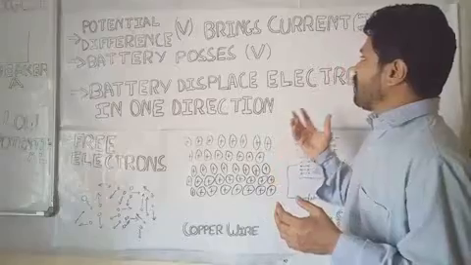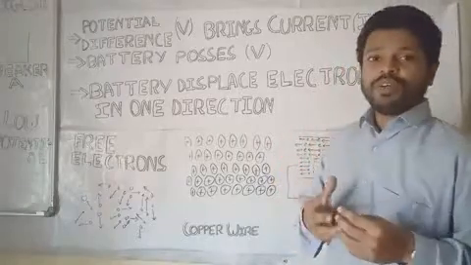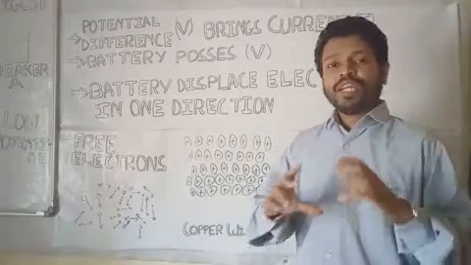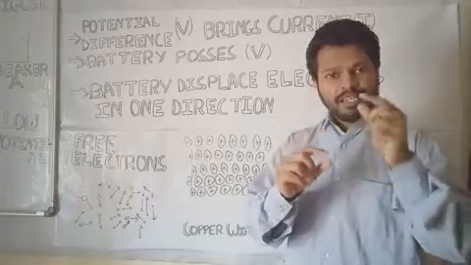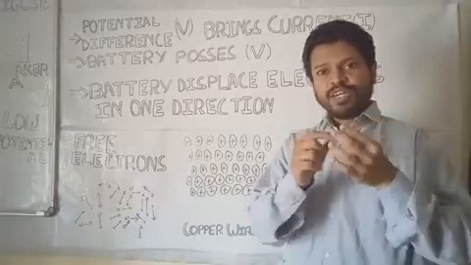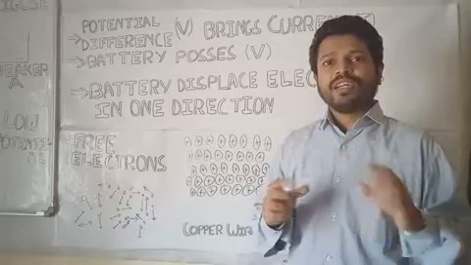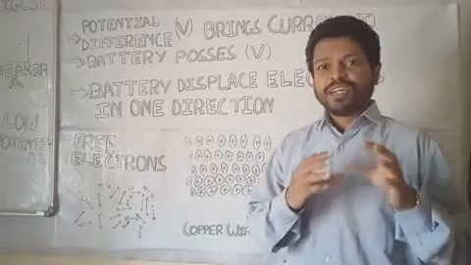The battery displaces the electron in one particular direction. If you take one battery, a pencil cell, it is clearly written on the downside that there is 1.5 volts inside the battery.